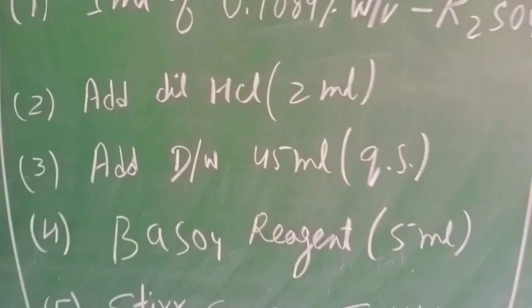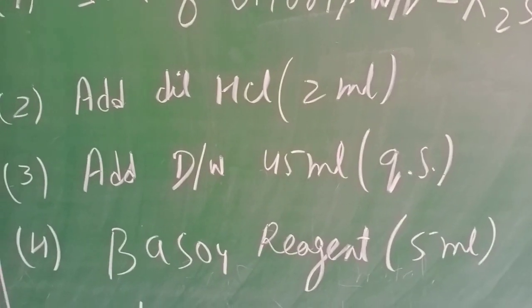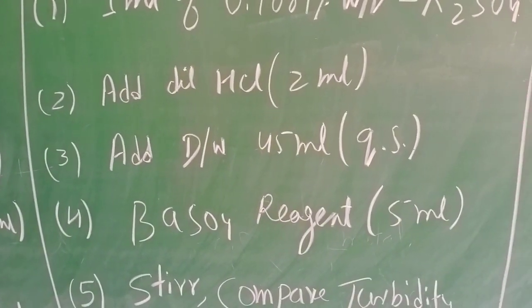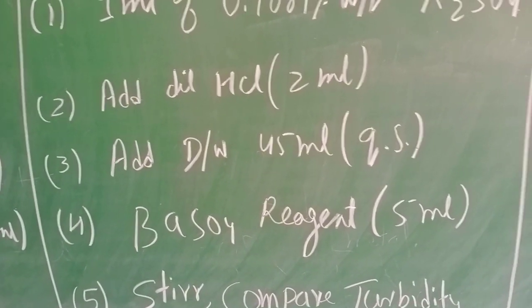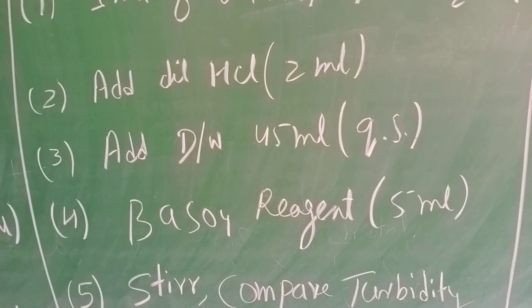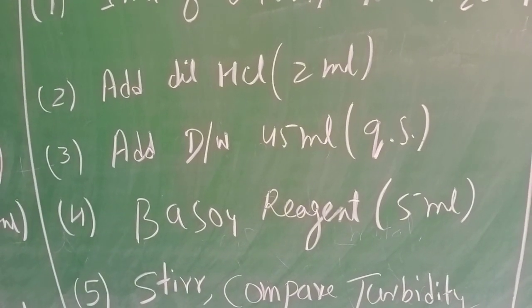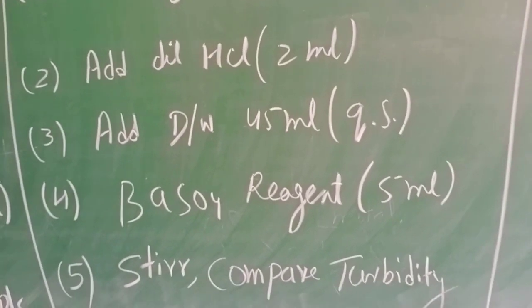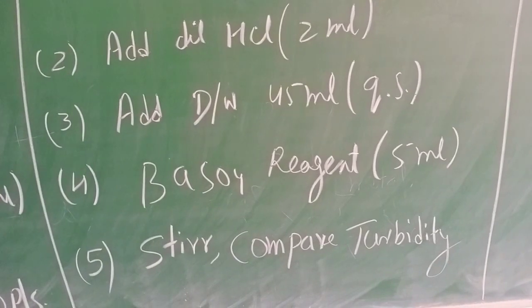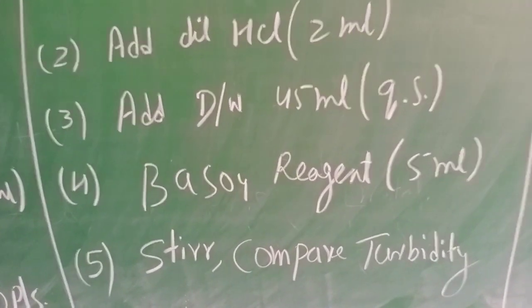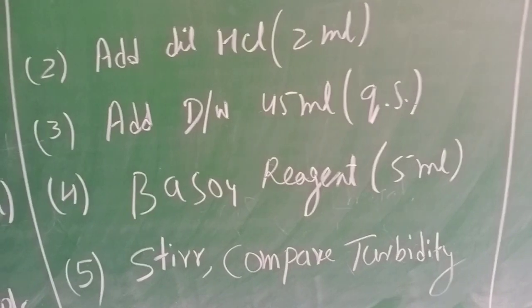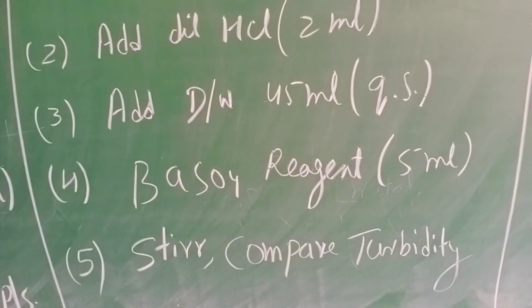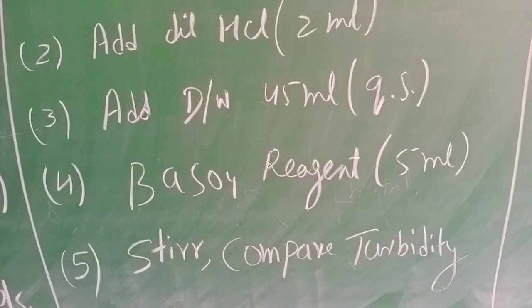So once we are done with step 3, 5 ml of barium sulfate reagent is added to the standard solution, and the content is stirred gently with a clean glass rod and kept aside for a few minutes.